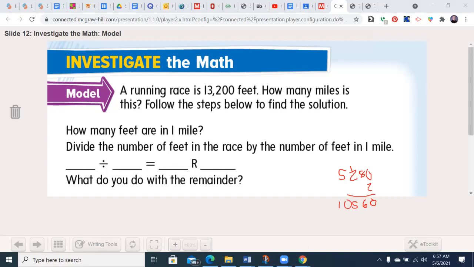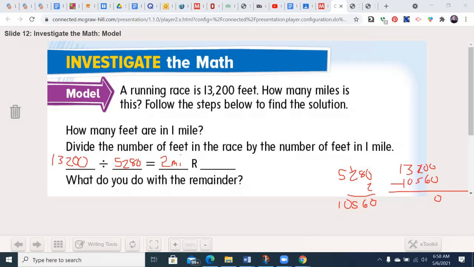Now, my original problem, I also could do is 13,200 divided by 5,280. And I've opted to do it a little differently. So I'm going to have 2 miles. And the 13 up to get to 13,200, get a 0.